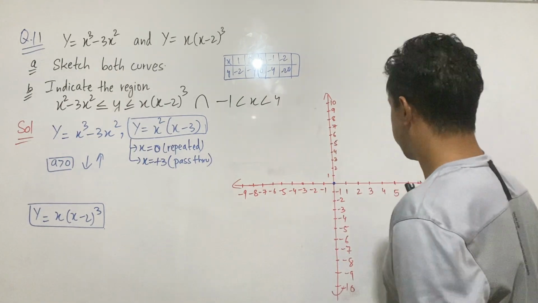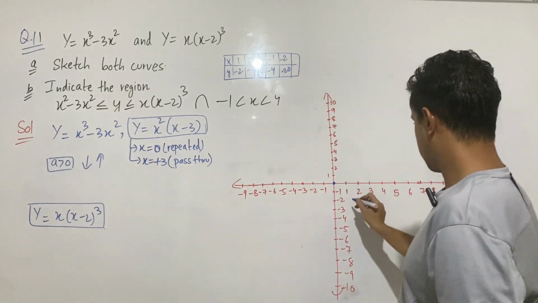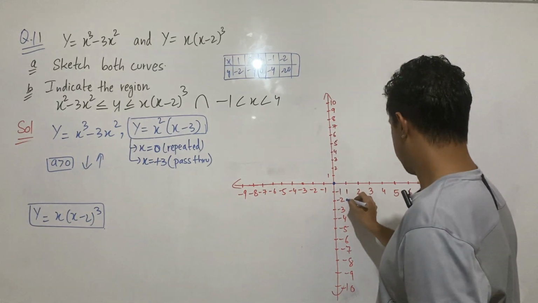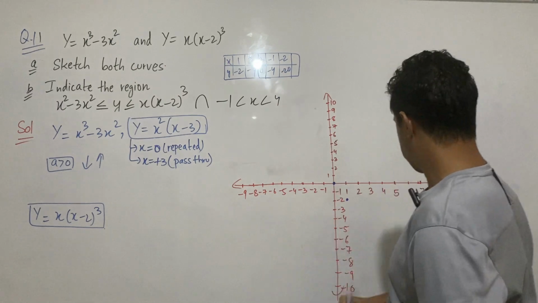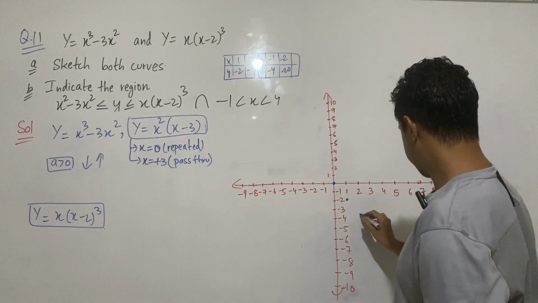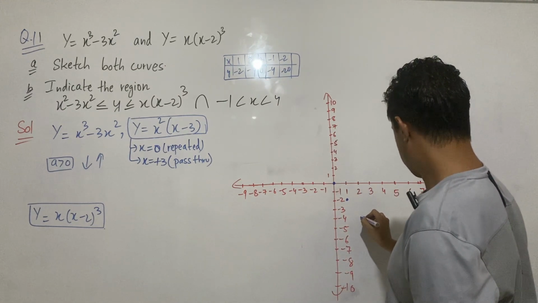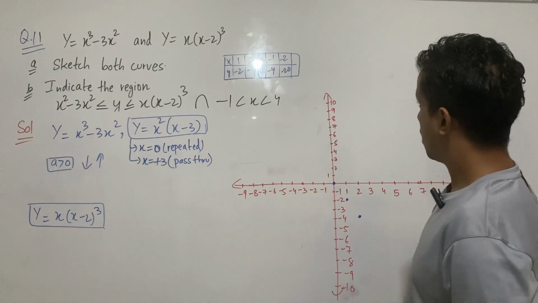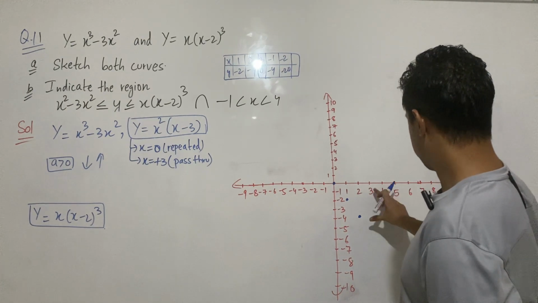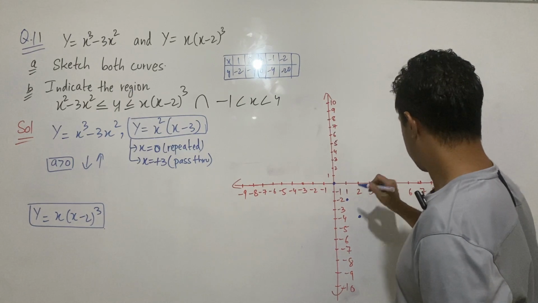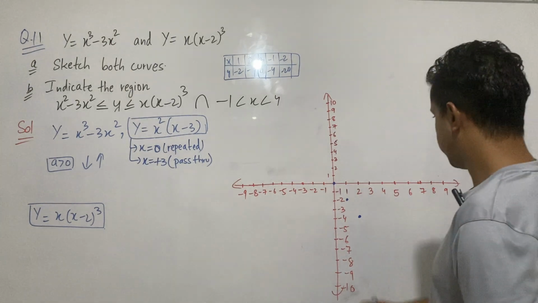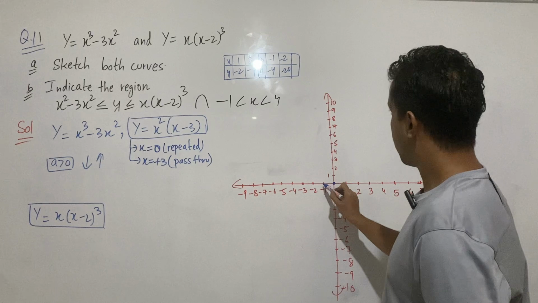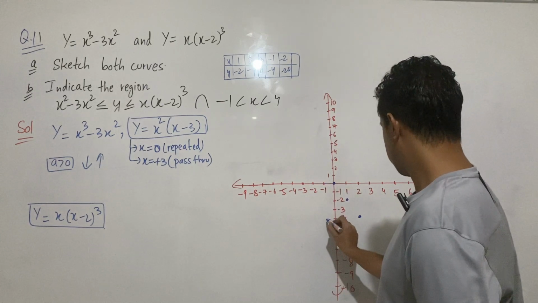So plot (1, minus 2), this one, and (2, minus 4), and this one. (3, 0) means this one, and (minus 1, minus 4) here.